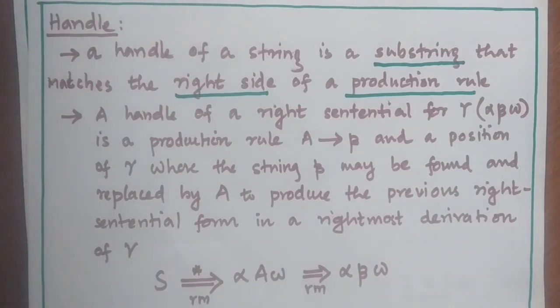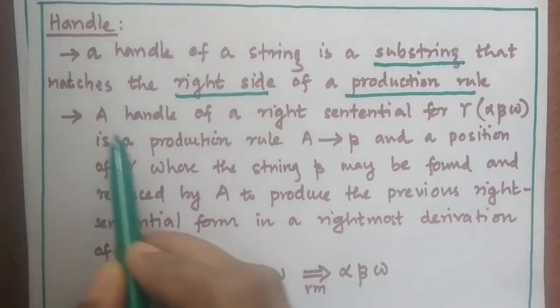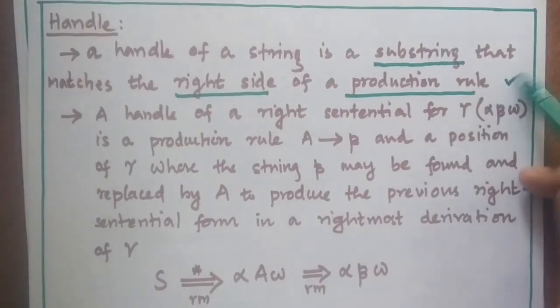And what we can do is replace that substring by the left side of the production if we can obtain the just previous right sentential form in the rightmost derivation of that string. If it is not possible, then that is not a valid handle. That is the informal definition of the handle.